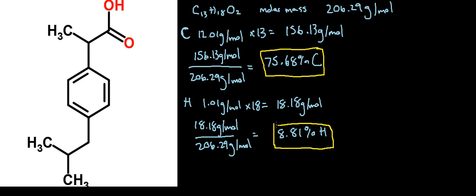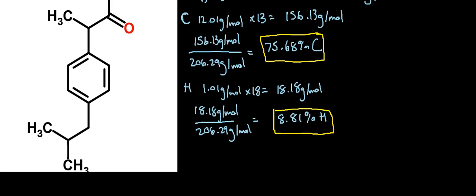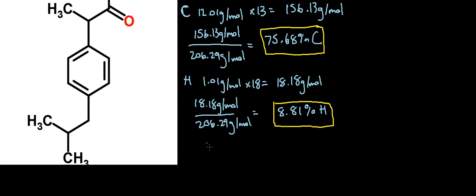So a very small percentage, even though numerically it is the most common, but as far as mass, it's just too small to be a significant part of the total mass of the molecule.